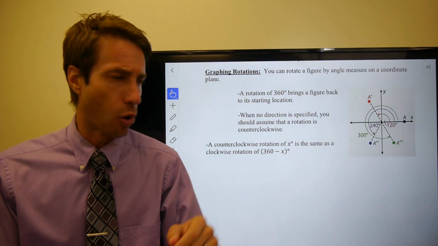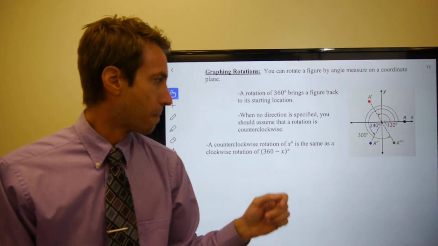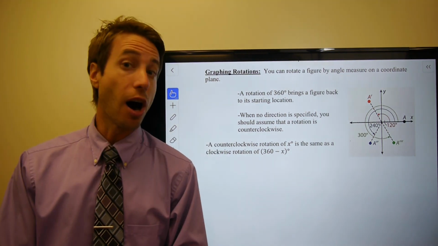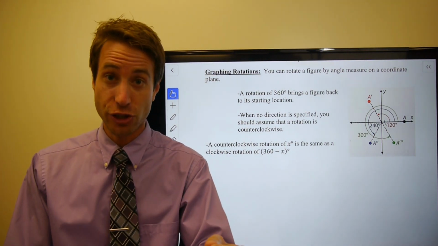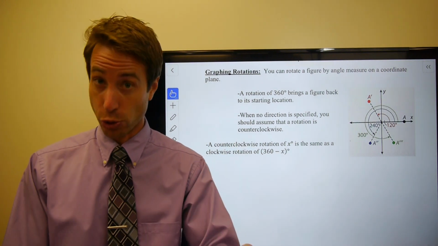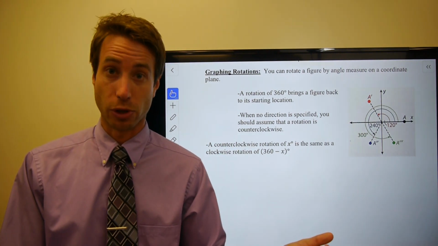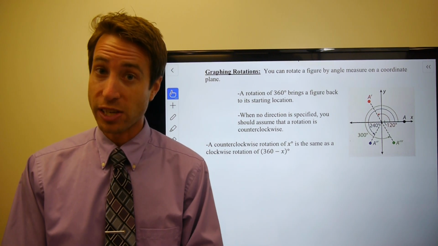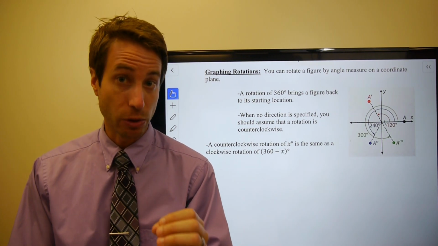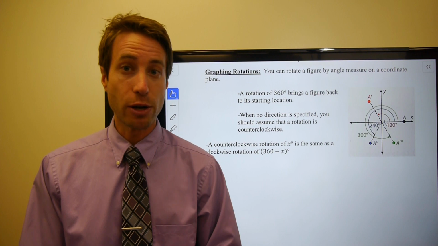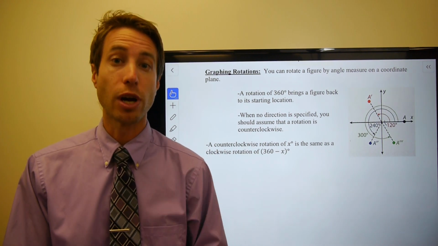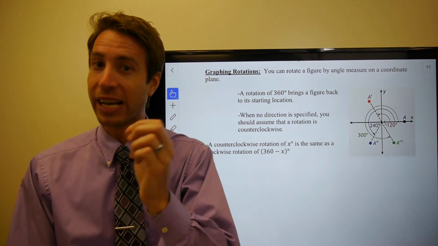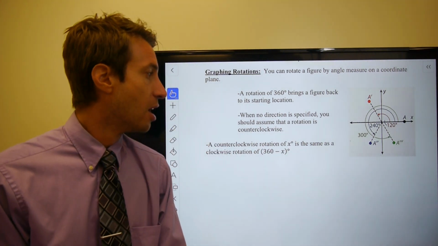Also, if you are not told a direction of rotation, the convention is to assume you go counterclockwise. If I want you to go in a clockwise direction, I must tell you to do so. If I don't tell you the direction, you go counterclockwise. That is the direction we assume unless you're told otherwise.